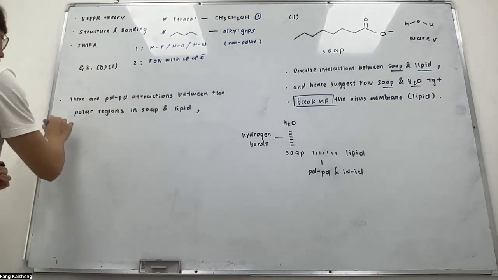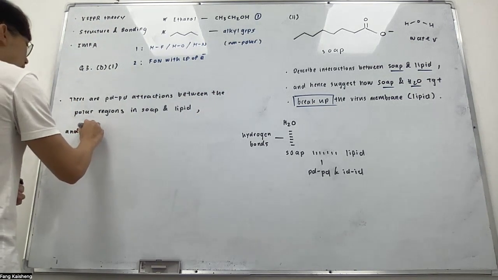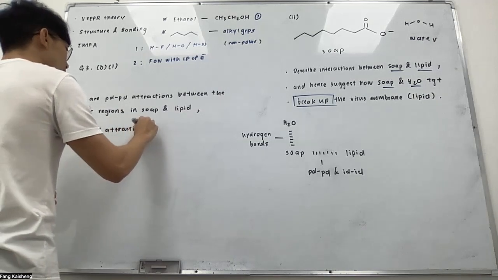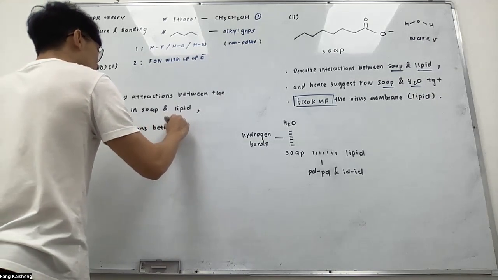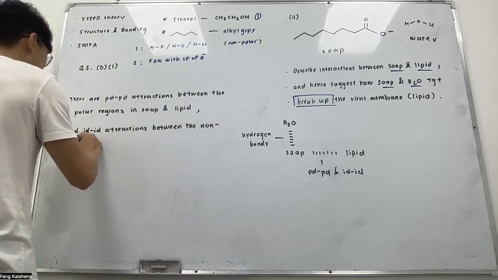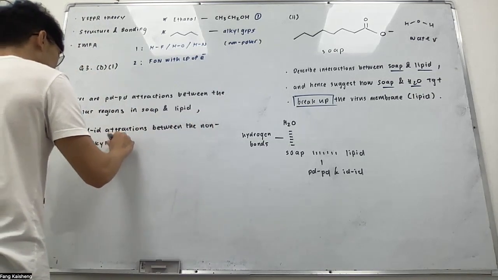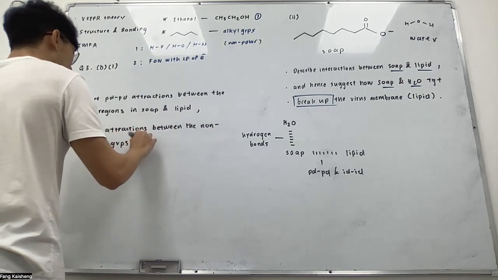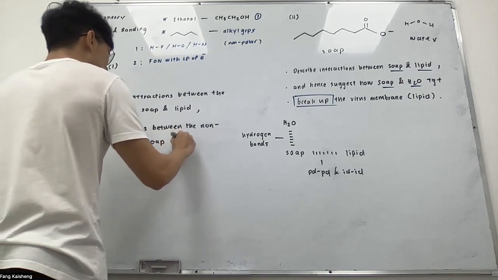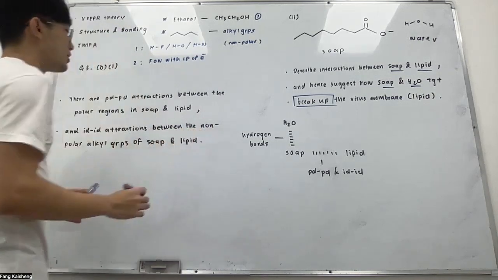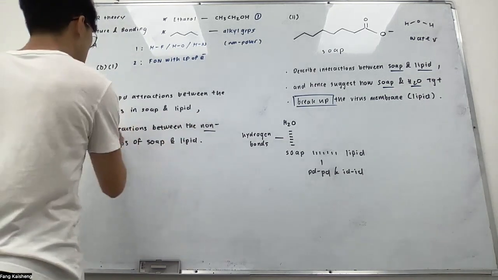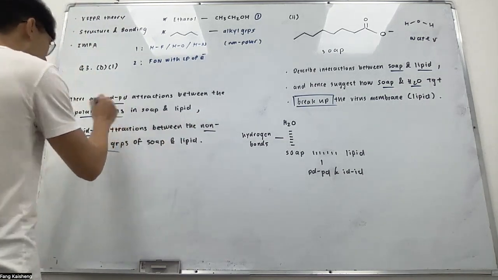But not only that, there are also ID attractions between the non-polar alkyl groups of soap and lipid as well. So here soap and lipid can form 2 different types of interactions. We specify non-polar alkyl groups and polar regions.